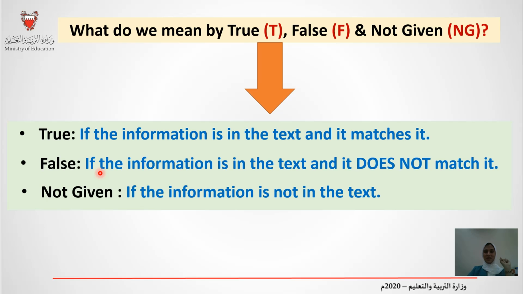For example, let's say the telephone was invented in 1994, but the text says that the telephone was invented in 1984, so that means it is false. But if I get that sentence, the telephone was invented in 1994, but the text does not talk about telephones or phones. It talks about, let's say, computers or printers. Then it is not given because that information is not in the text.